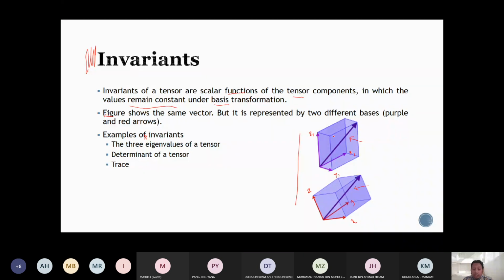Those properties are called the invariance. So invariance means something doesn't change, or properties that remain the same even though you look at the vector from a different angle, or a different point of view.